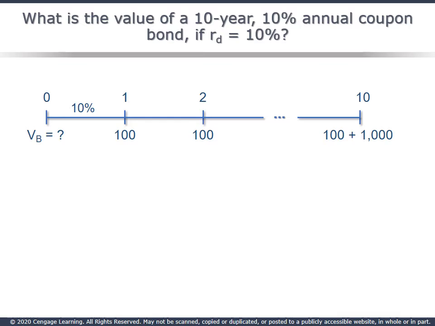When we use our calculator to find the price or the present value of a bond, we will let N on our calculators be equal to the time remaining until maturity. Our I/Y button is the yield to maturity.